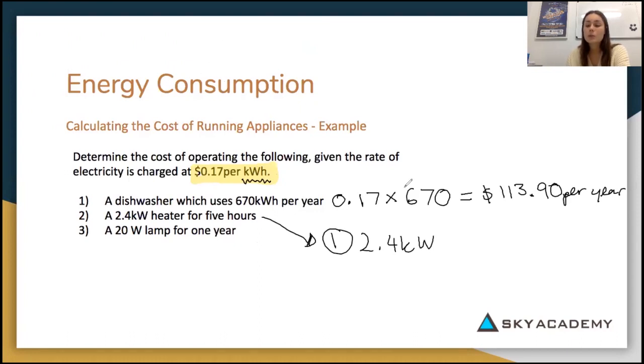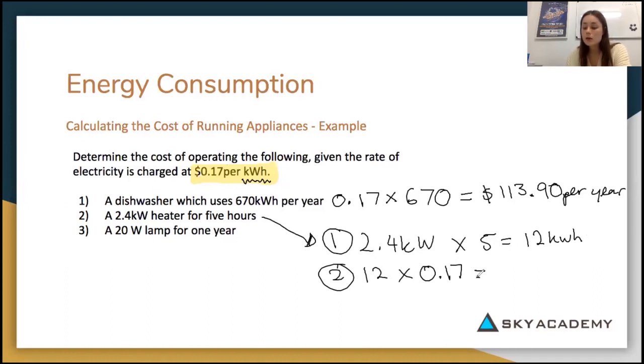That will tell us how many kilowatts we use over 5 hours, so we'll use 12 kilowatt hours. Then we can times 12 by the cost to figure out the cost of running a 2.4 kilowatt heater for 5 hours, and that's going to give us an answer of $2.04.